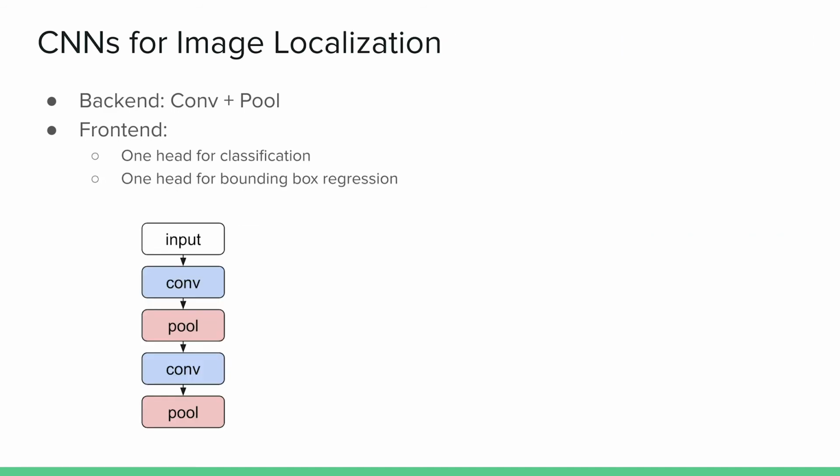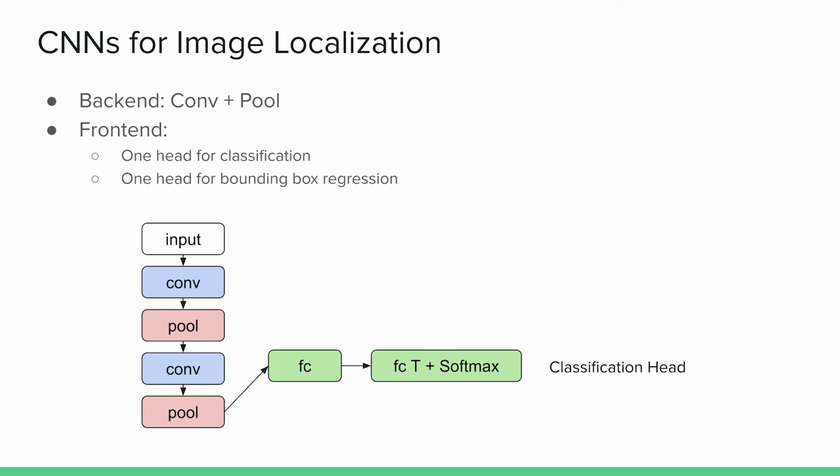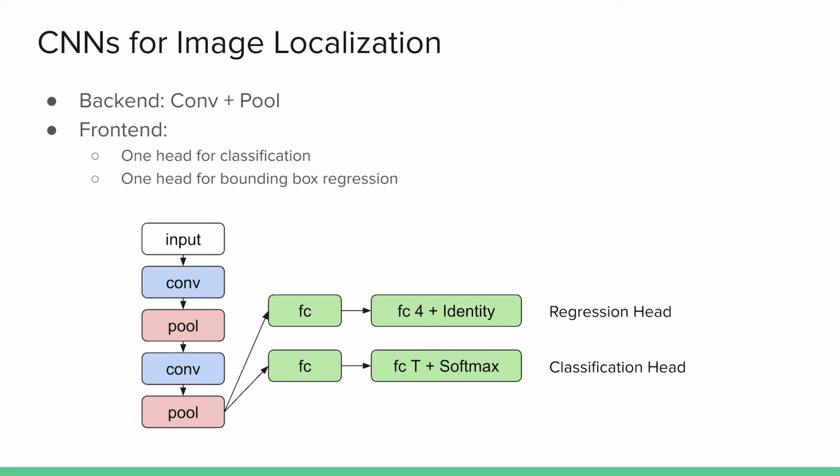If we also want to add the position, we could use the same backend, again convolutional and pooling, but we would create two outputs, because we want to know about the class and about the region where that object appears. So we create the classification head, which is a fully connected layer with the softmax, and a second head.